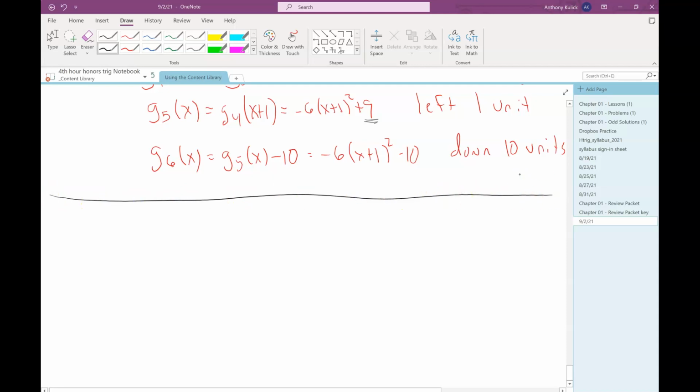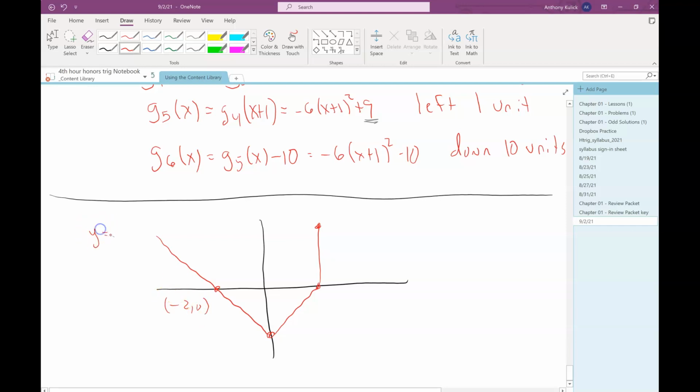So let's say we have some function defined by this graph.